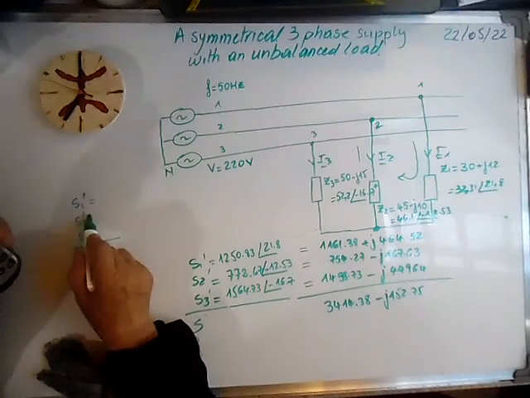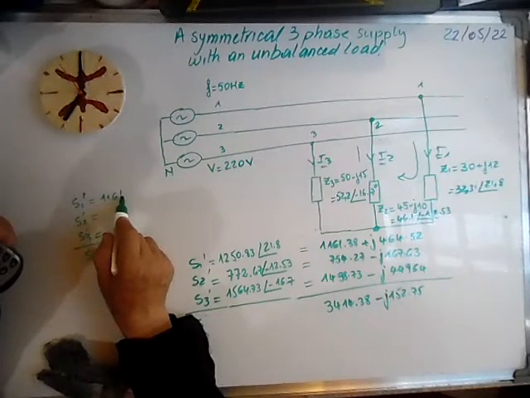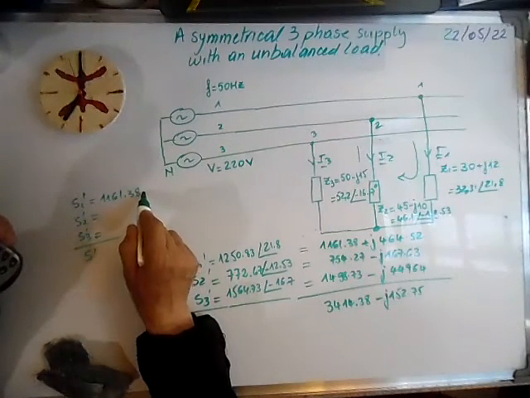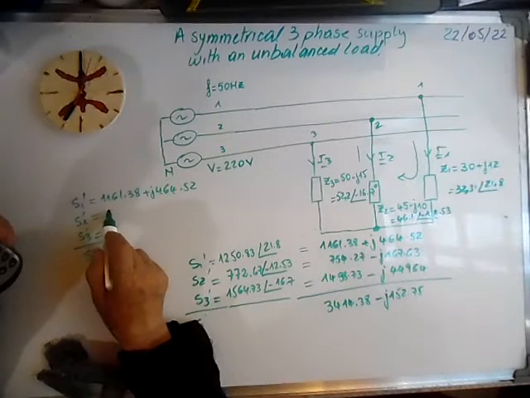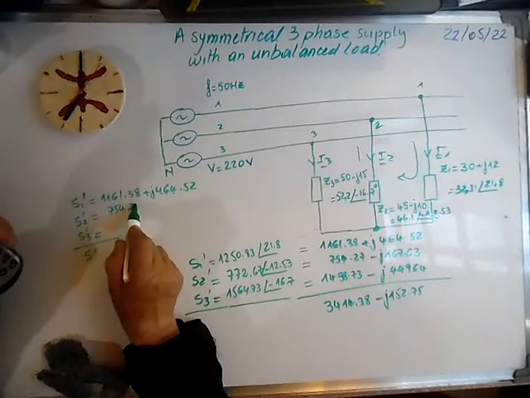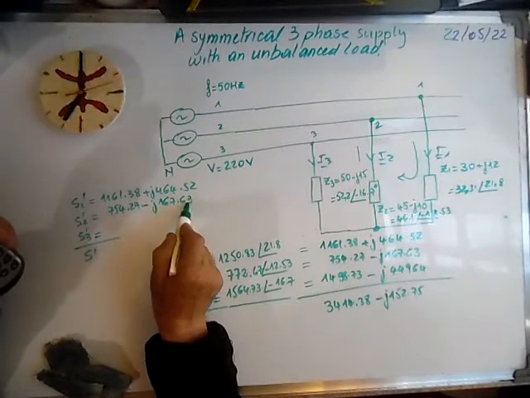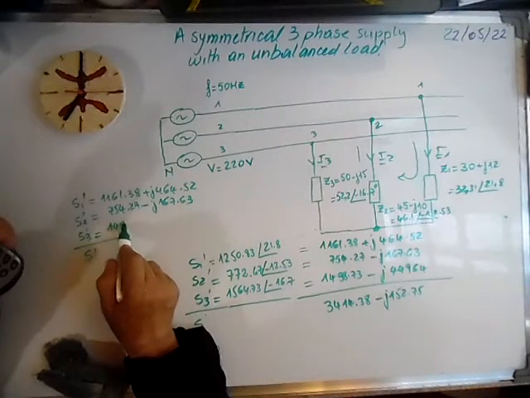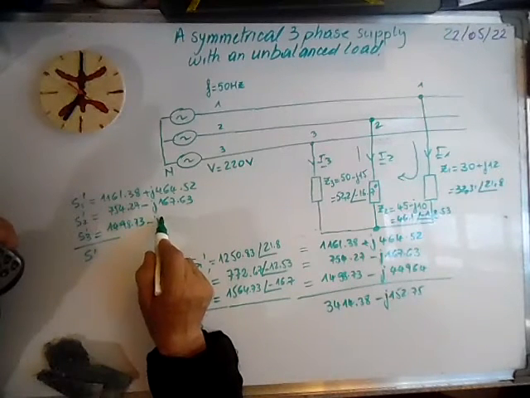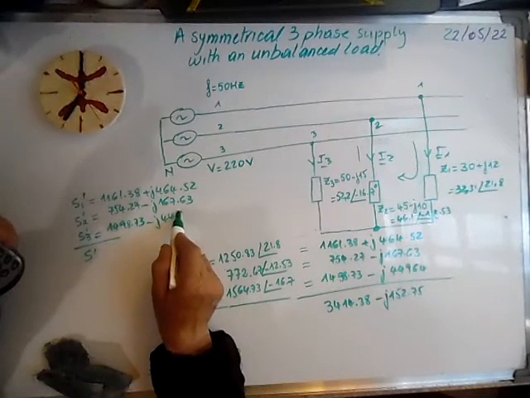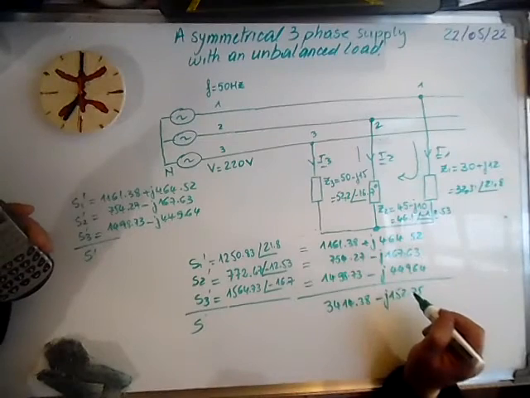So we'll write them again here because I need space. 1161.38 plus j464.52. Here is 754.27 minus j167.63, and here it's 1498.73, and here minus j449.64.